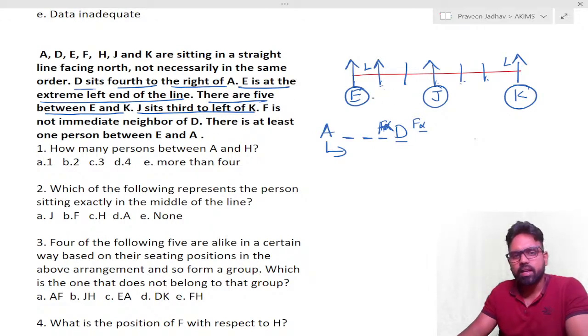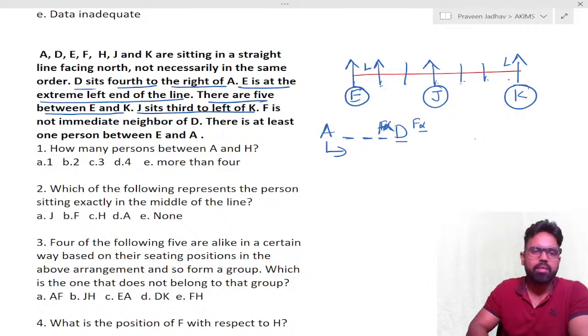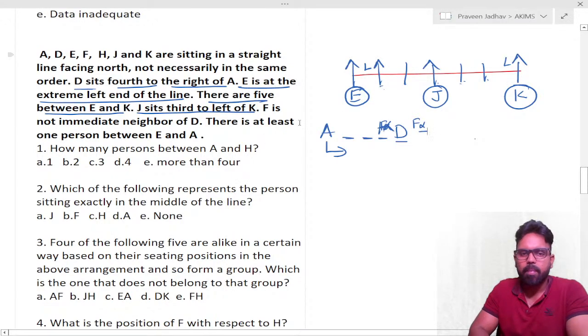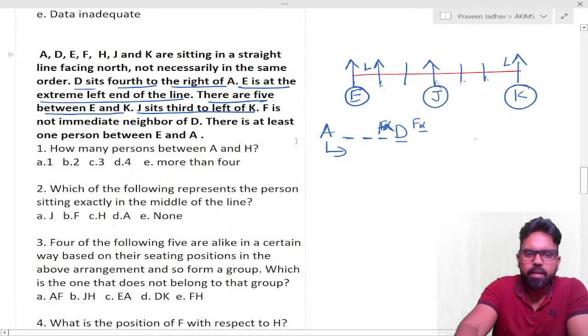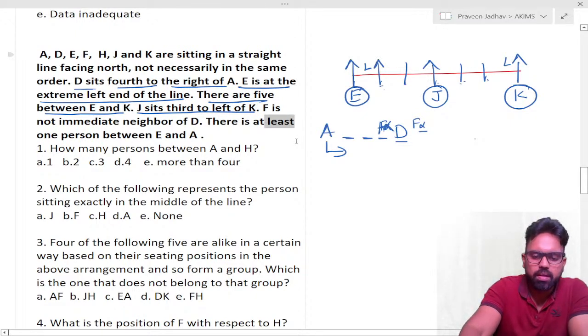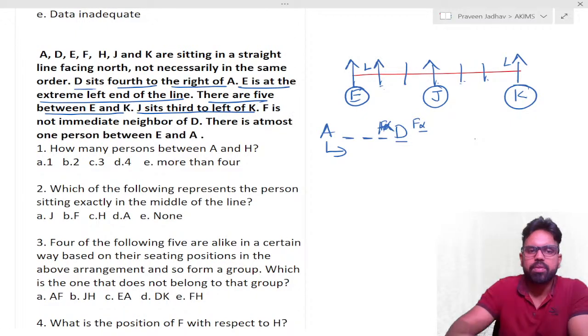If there is at least one person between E and A, can A come here? If A comes here, after 3 positions, 1, 2, 3, can I have? No. Okay. I have to make this utmost.